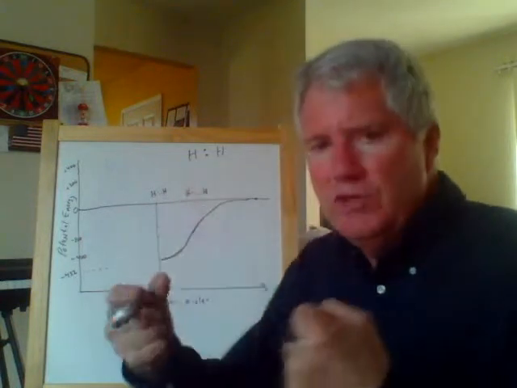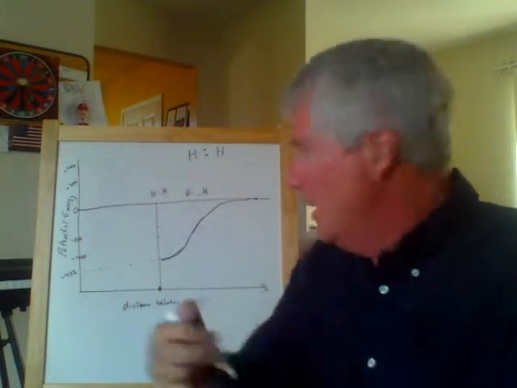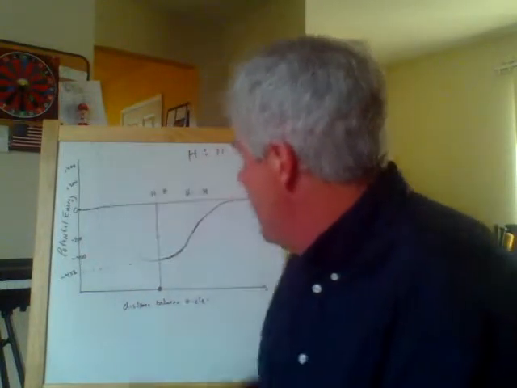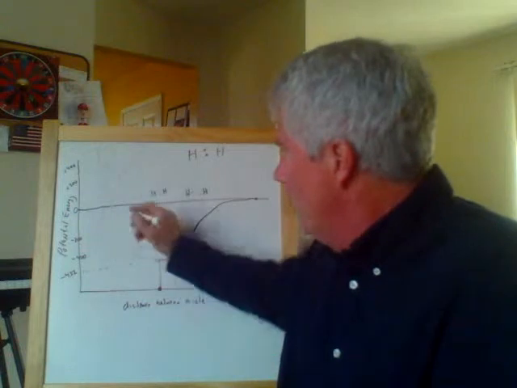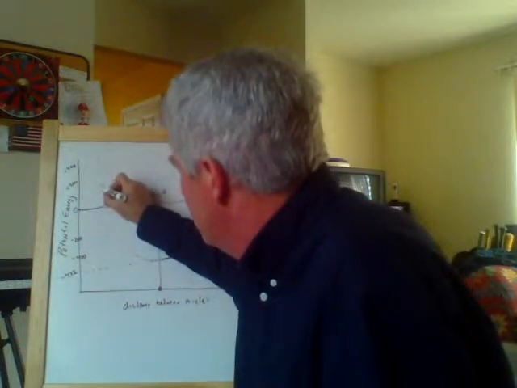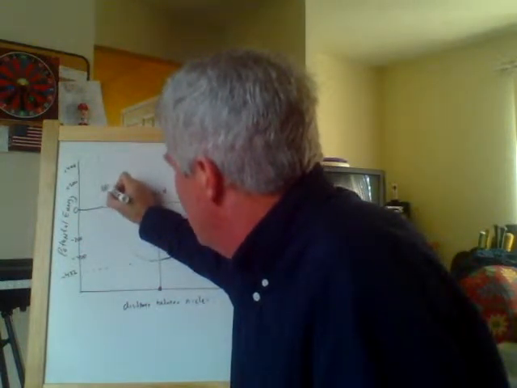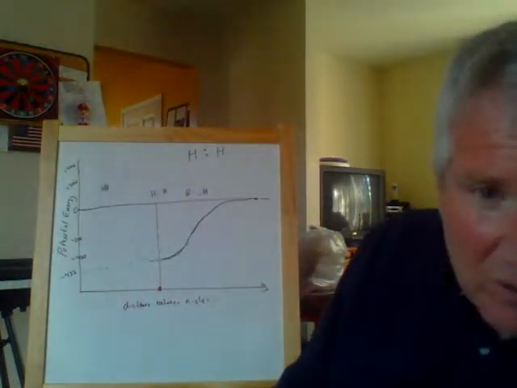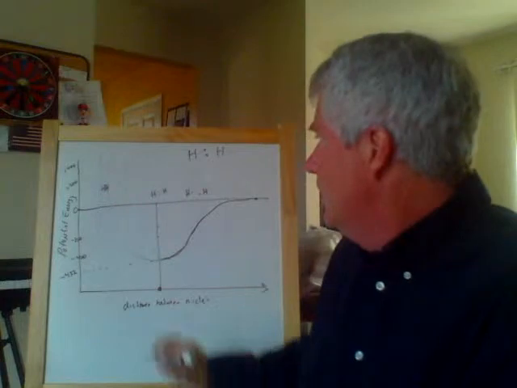If you try to push these atoms any closer together, though, the energy starts to go up, and it actually goes up dramatically after that, because once they are, like in this situation, I'm trying to draw it. Imagine that there's two electrons between those two H's. Can you even see that?